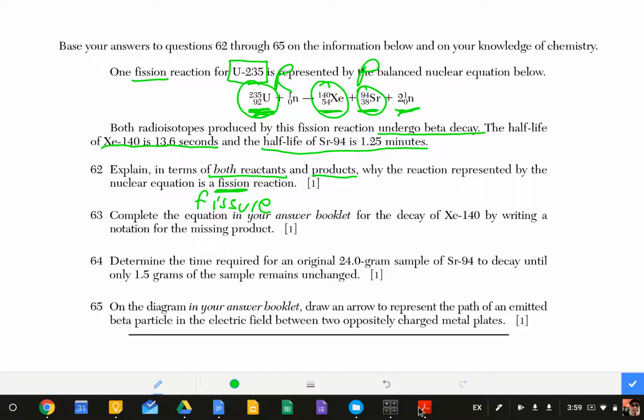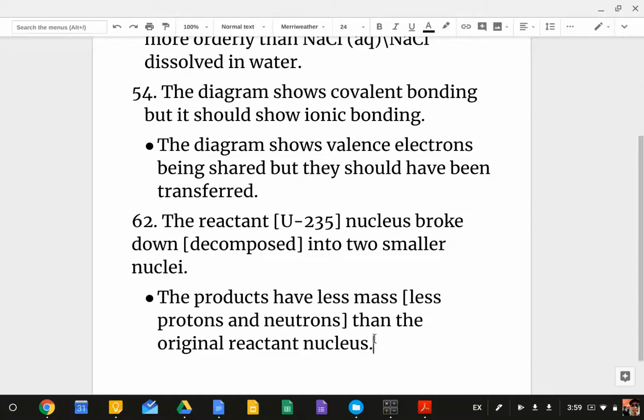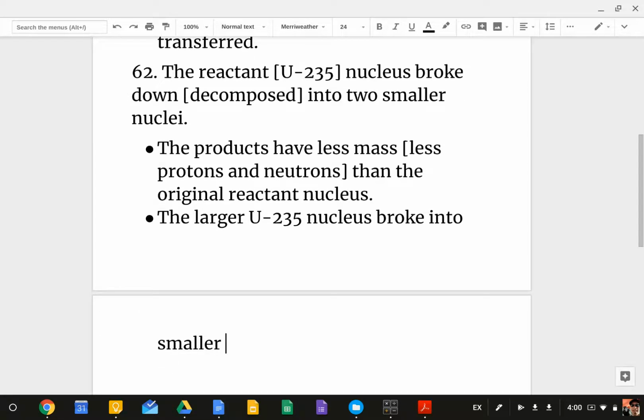You have to mention both. So the heavy uranium nucleus broke into smaller xenon and strontium nuclei. That's fine, right? The larger uranium 235 nucleus broke into smaller xenon and strontium nuclides. Here you go.